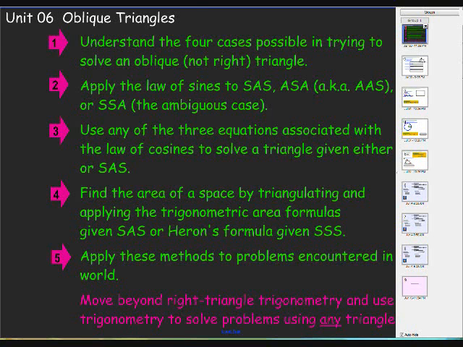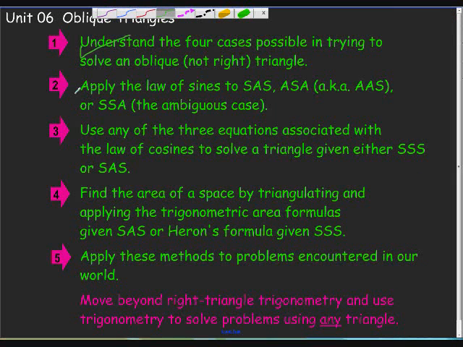Still in chapter or unit 6, but moving right along, aren't we? Let's see, we've done this, and we worked on the law of cosines last time. Now we're going to find the area of a space. There's two ways to do this.